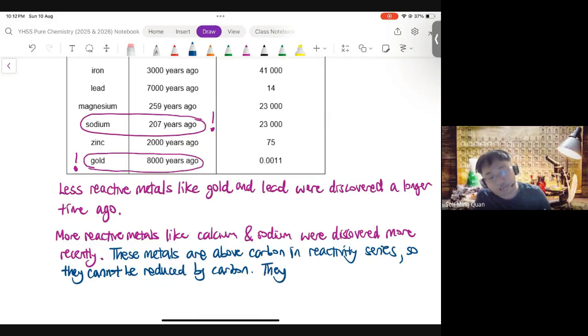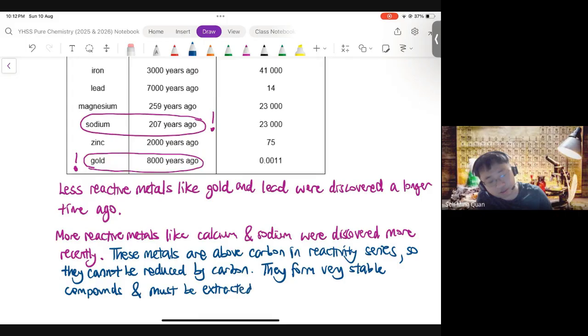So this means that they form very stable compounds and must be extracted by electrolysis. So to extract calcium metal, we actually need to electrolyze, pass electricity through calcium chloride, for example. Okay?